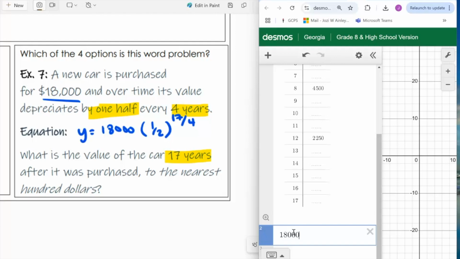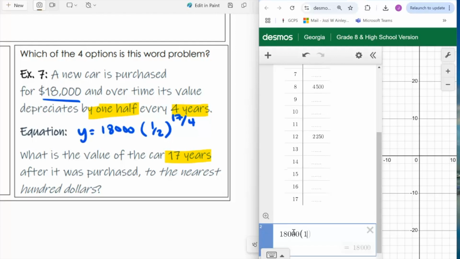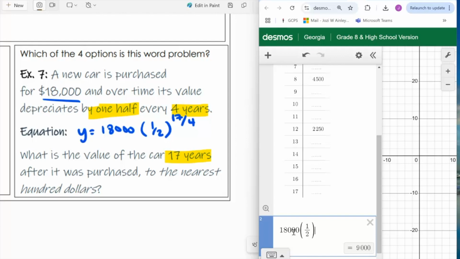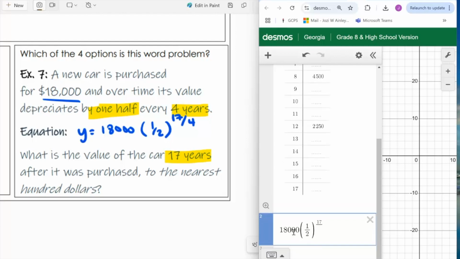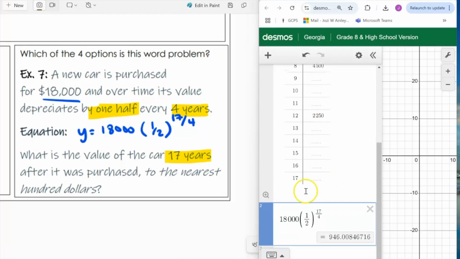So 18,000, it's decaying at half. And how do I know it's decay? Because 0.5 is less than 1. Shift 6, 17 divided by 4. So it's saying it's going to be about 946,000. Let's see if this number makes sense.